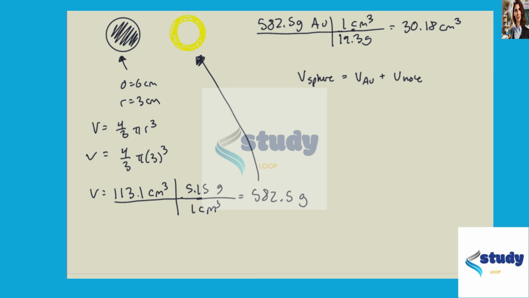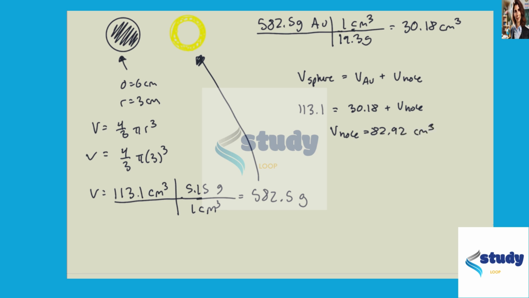So the volume of the sphere is 113.1. Our volume of gold that we are allowed to use is 30.18, and we don't know the volume of the hole. So this comes out to a volume of 82.92 cubic centimeters.